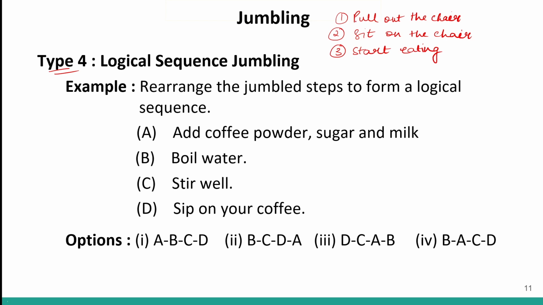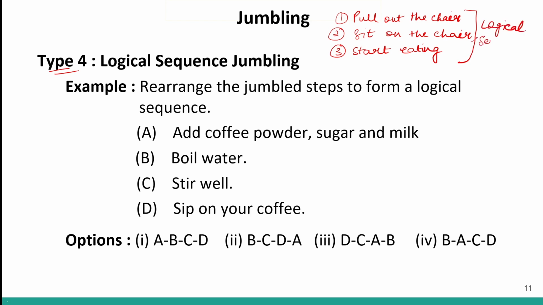Similarly, can I just pull out the chair and start eating? No. If I pulled out a chair, that means I have pulled it out to sit on it. So until unless I sit on the chair, how can I start eating? Correct? Let's say if I start eating first and then I pull out the chair and then sit on it, does not make any sense. So this is the logical sequence.